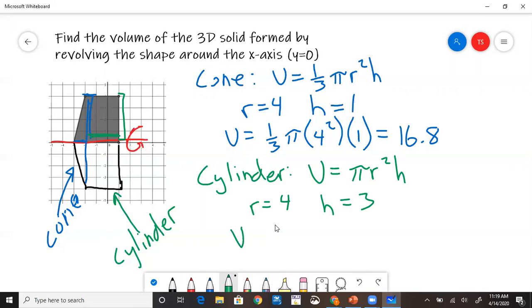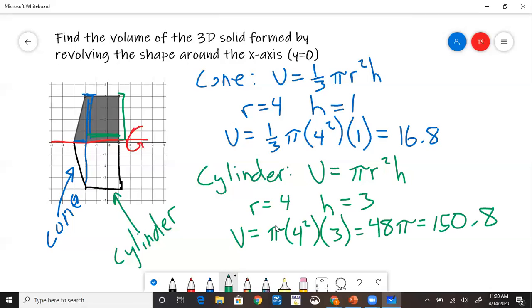So my volume for the cylinder is going to be pi times 4 squared multiplied by the height of 3. If I multiply all those out, pi times 4 squared times 3 ends up giving me either 48 pi or 150.8.